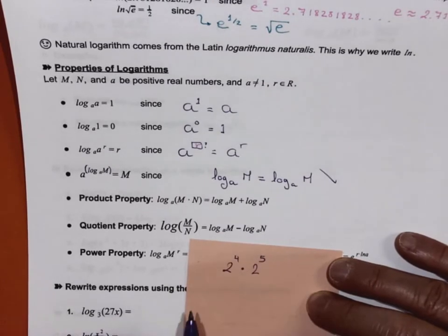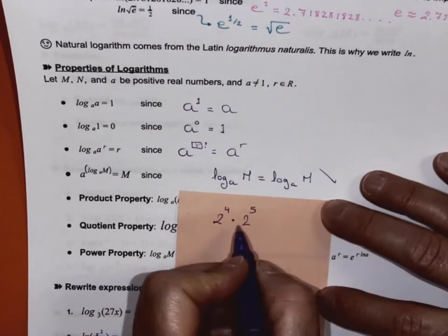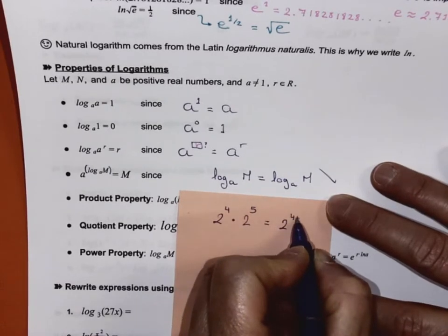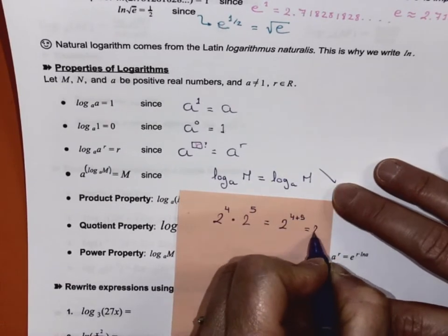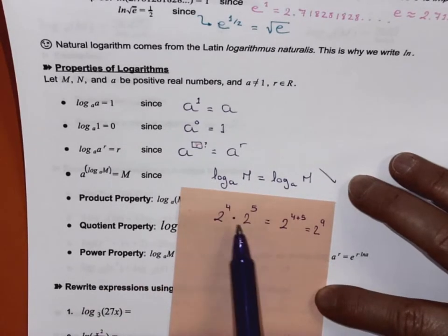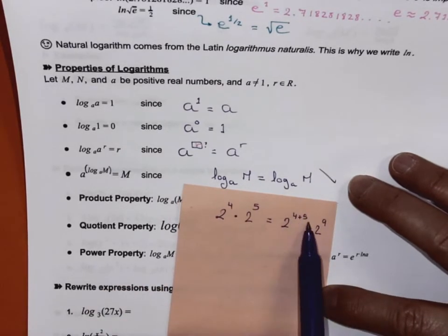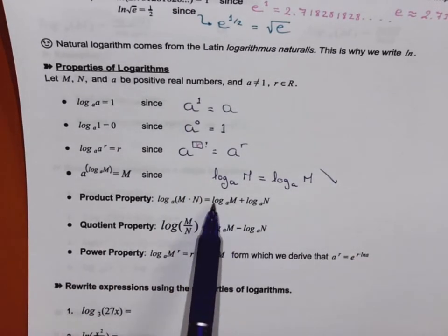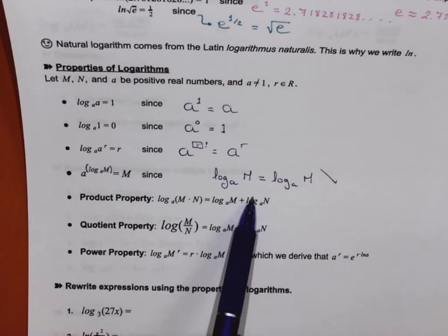Would I not just say those are the same bases? So I'm going to say that's 2 to the 4 plus 5, therefore that's 2 to the 9th, right? When we multiply the bases, we're going to add their exponents. Now do remember that a logarithm is an exponent, right? So here I'm adding two exponents because those are exponents.